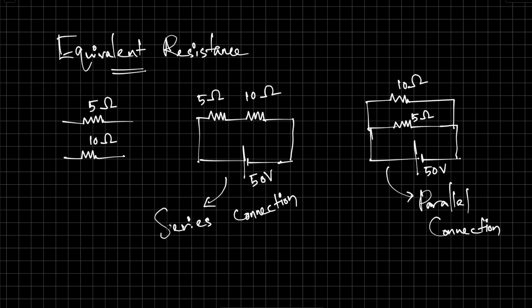Okay, so this is the equation to find current using Ohm's law. I equals V by R. But in this case, we have multiple resistors. I equals V over Req, where Req is the total resistance, or let's call it equivalent resistance. How do we find equivalent resistance?